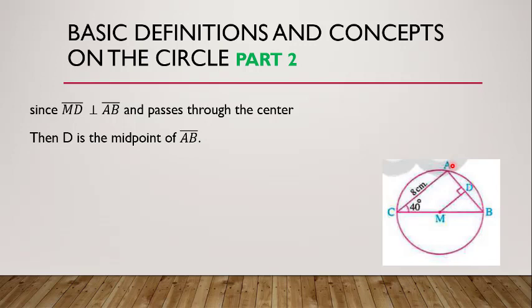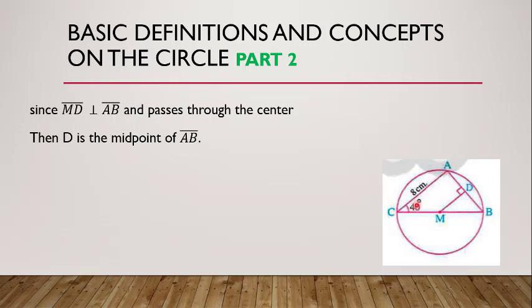Okay, if you look at the triangle ABC, you will see that the line segment MD bisects two sides. The end of this line segment is the midpoint of two sides of the triangle. Then it will be parallel to the third side, which is AC, and its length will be half the length of AC. This is a theorem from Prep 1.